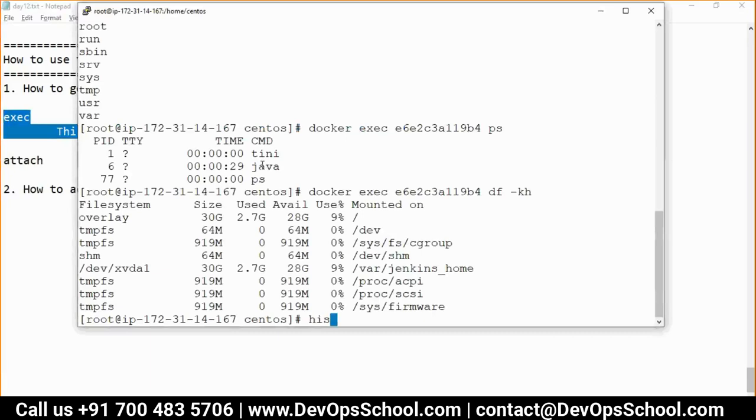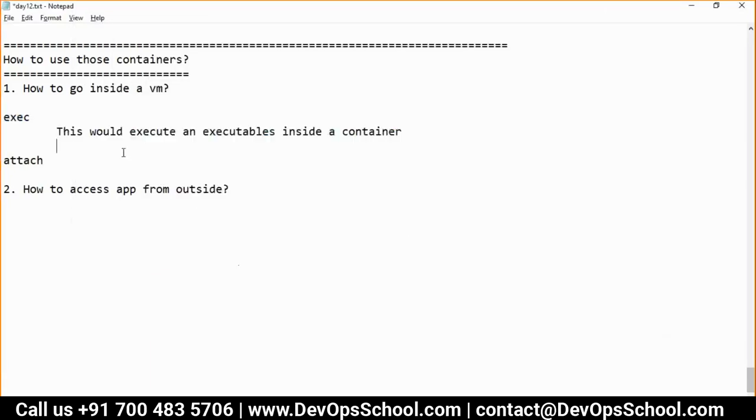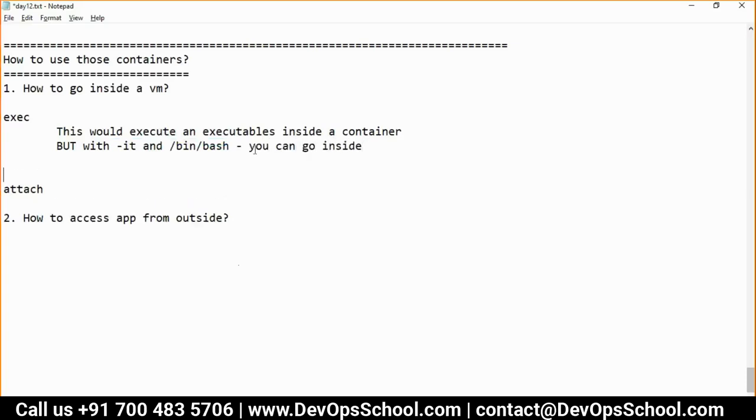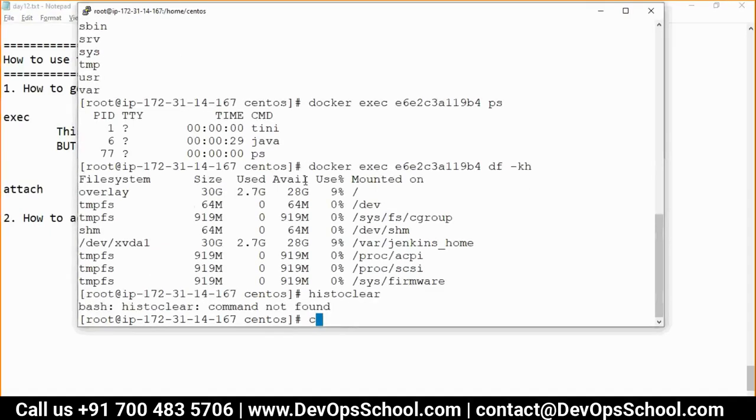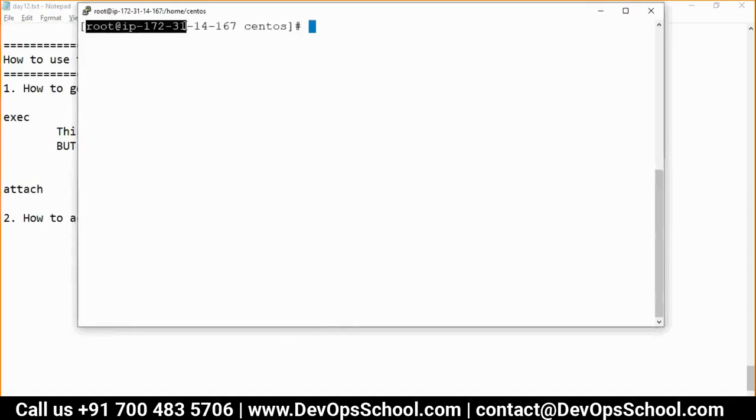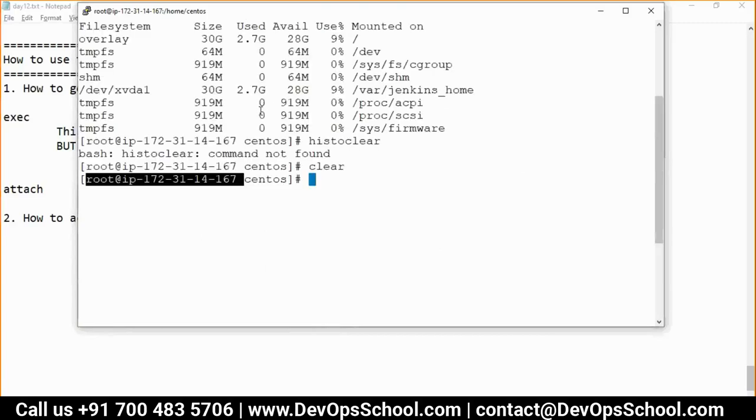Yes. Okay, but with the -it option, where it means interactive, and bin bash, because you are a human being, right? You cannot interact with something without a shell in Linux. So with -it and bin bash, you can go inside. Let me show you. Look at my screen carefully. I am root at the host machine.